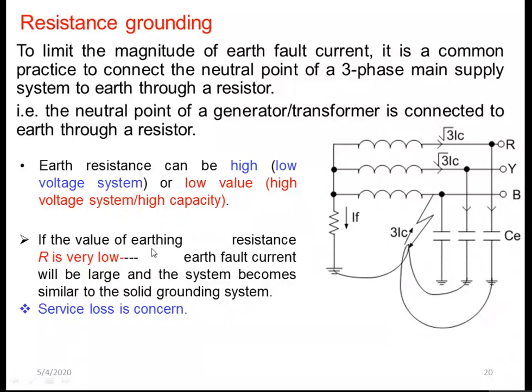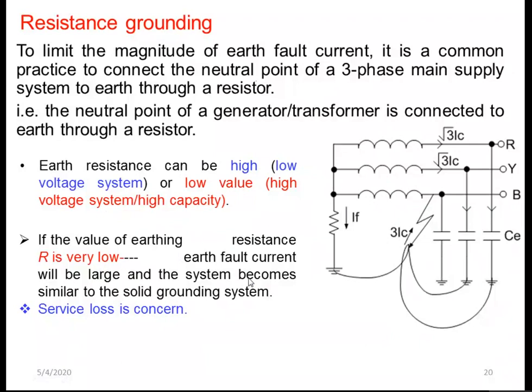Now, if the value of earthing resistance R is very low, then the earth fault current can be large, and the system will become very similar to a solid grounding system.